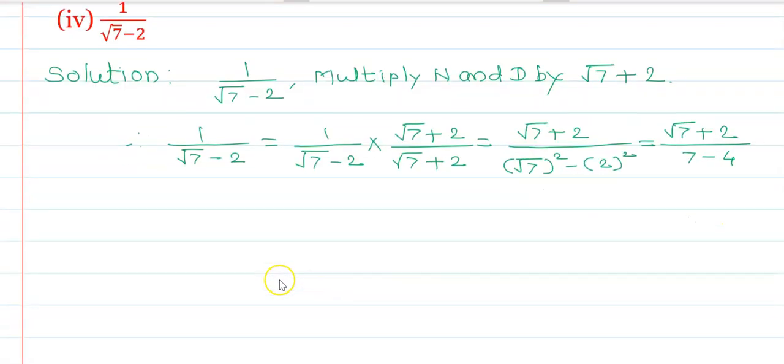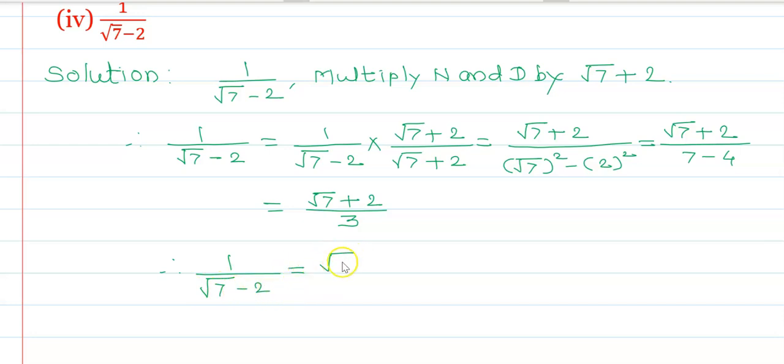Okay, and therefore here 7 minus 4 is 3, root 7 plus 2 upon 3, and therefore 1 upon root of 7 minus 2 equals root 7 plus 2 upon 3, and this is the answer. Okay.